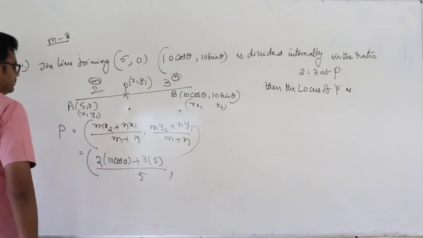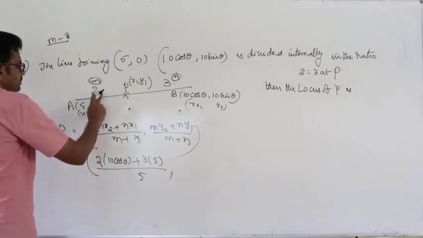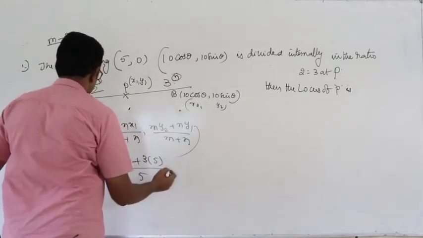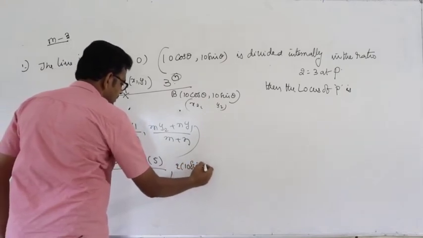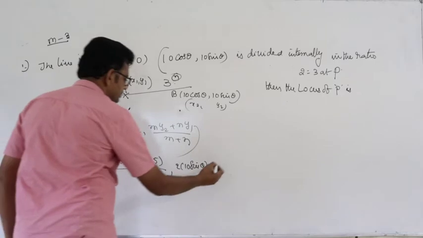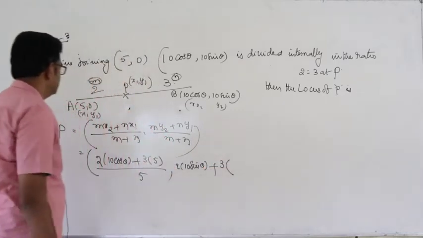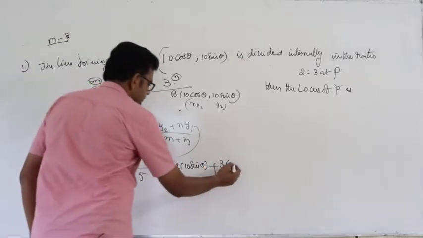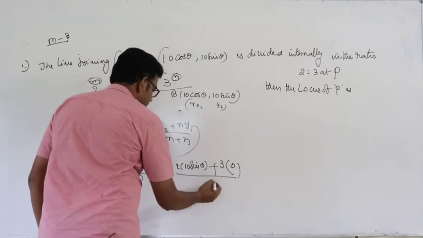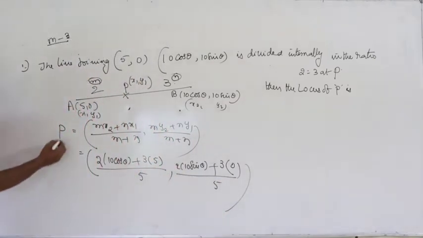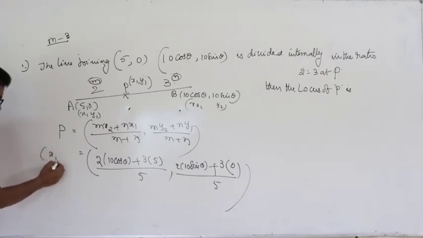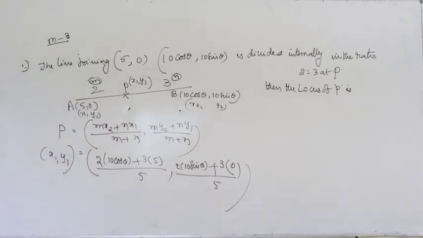Next m y2, y2 is this, so 2 into 10 sin theta plus 3 into y1, this is 0, by m plus n, this is 5. Now the point is P, x1, y1. You have to find the locus of the point.